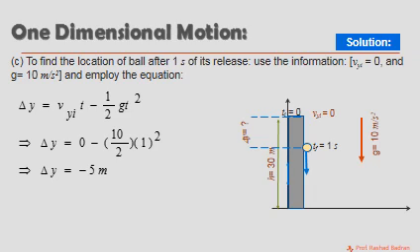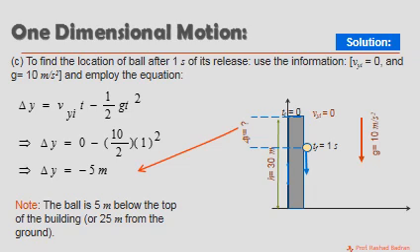In this case, we're going to substitute 1 second for the time in order to find the displacement at this time, and we're going to get a displacement of minus 5 meters. This means that the ball is 5 meters below the top of the building. So this is the answer for this part of the problem.